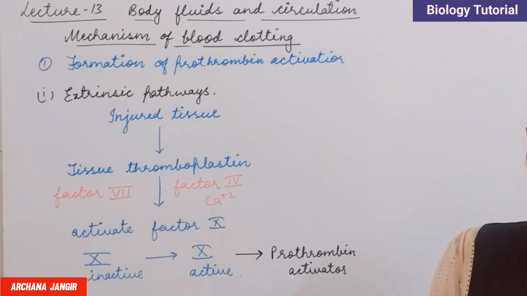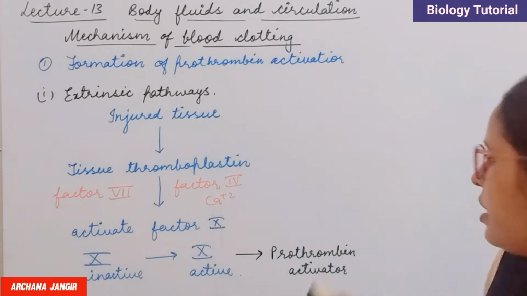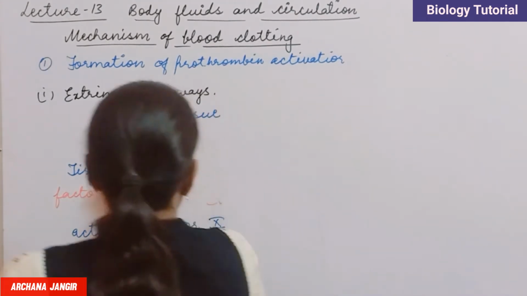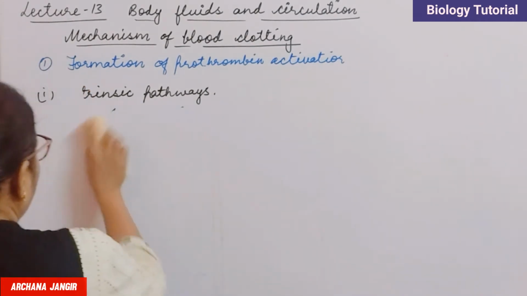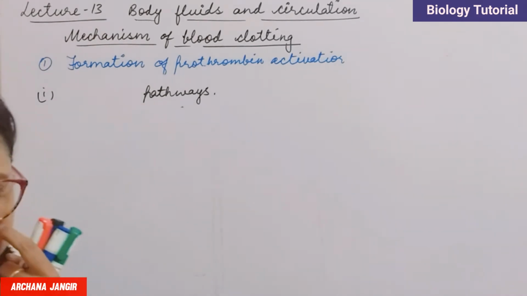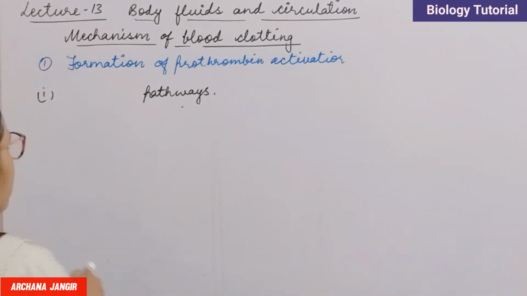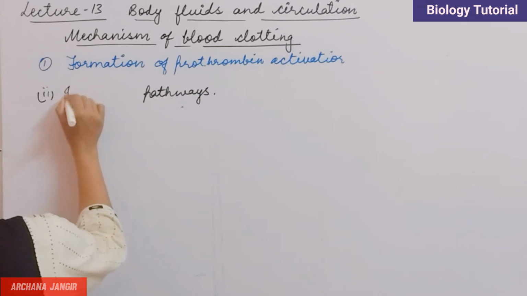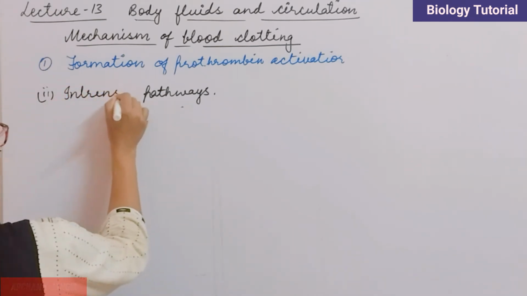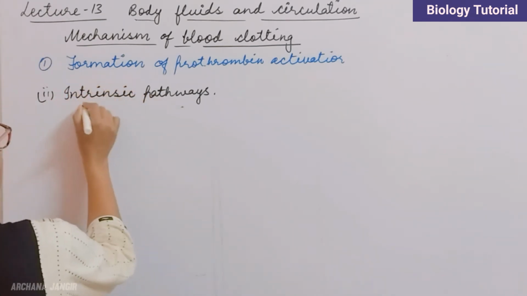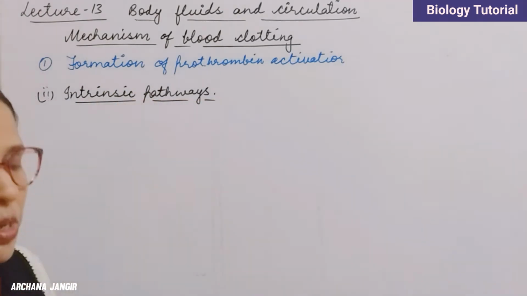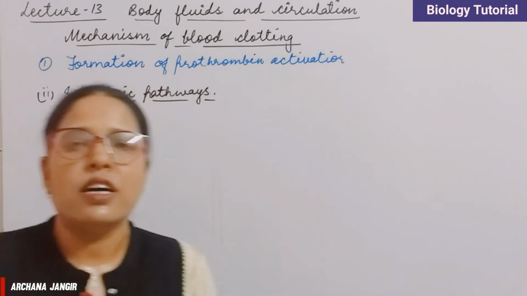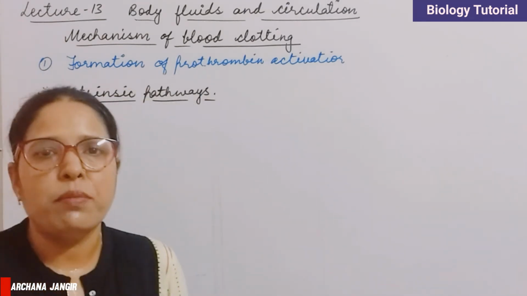Clear? The second pathway is the intrinsic pathway. So here I am writing about the intrinsic pathway. This is extrinsic and this is the intrinsic pathway. This pathway starts when the blood vessels get ruptured and the blood comes in contact with the collagen fibers.